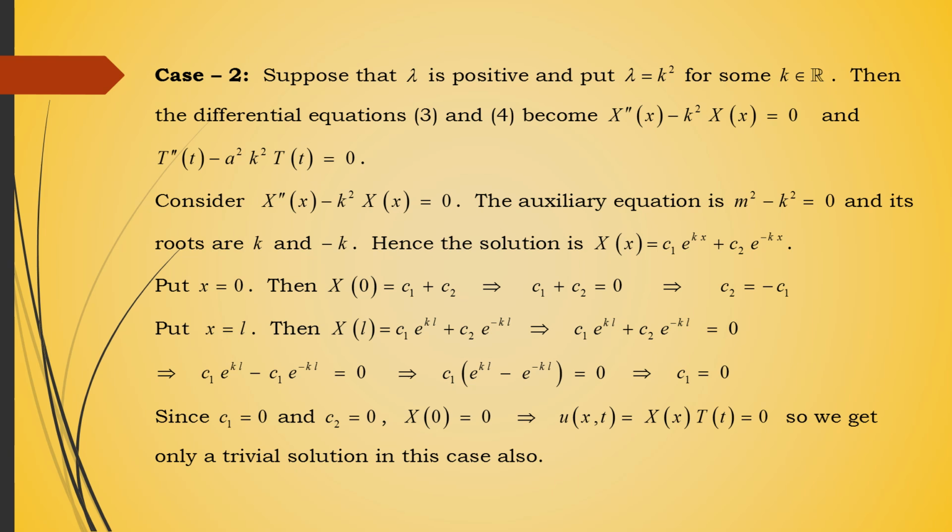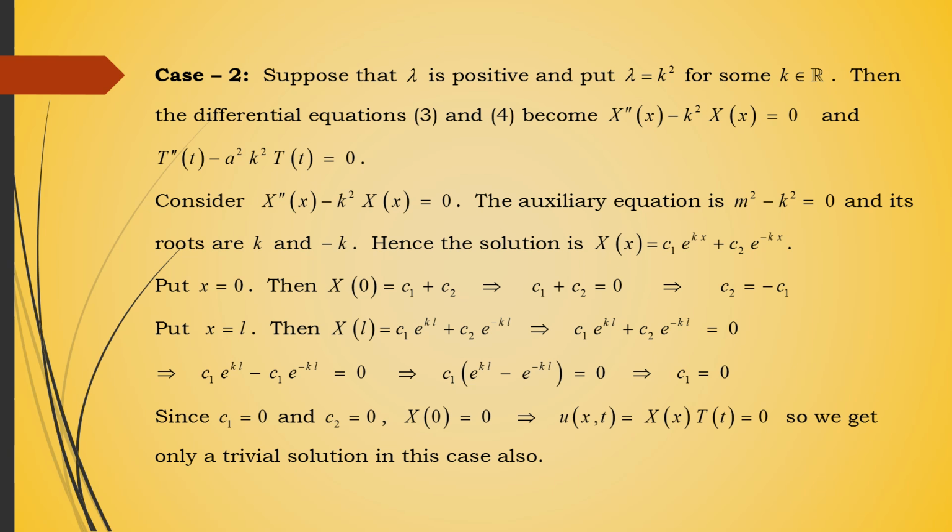Again consider X of x equals c1 e power kx plus c2 e power minus kx. Put small x equals L here. Then we obtain capital X of L equals c1 e power kL plus c2 e power minus kL. But we have already shown that capital X of L equals 0. Then it gives us c1 e power kL plus c2 e power minus kL equals 0.